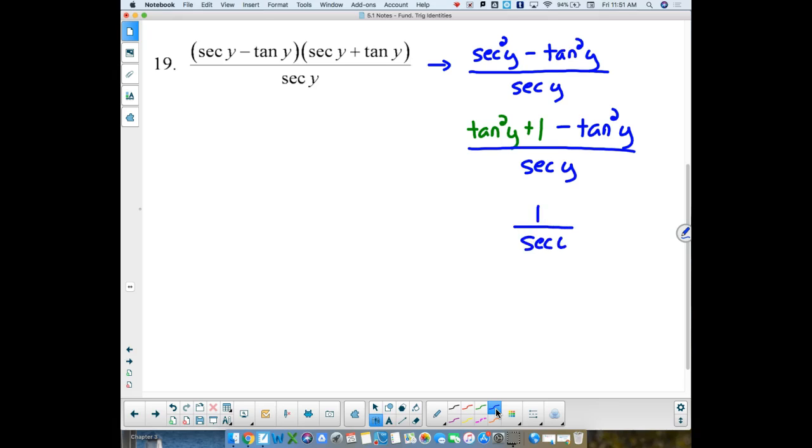So secant is the reciprocal of cosine, right? So 1 over secant would be like 1 over cosine, which is just cosine. So we took that big, ugly fraction, and we just wrote it as cosine.